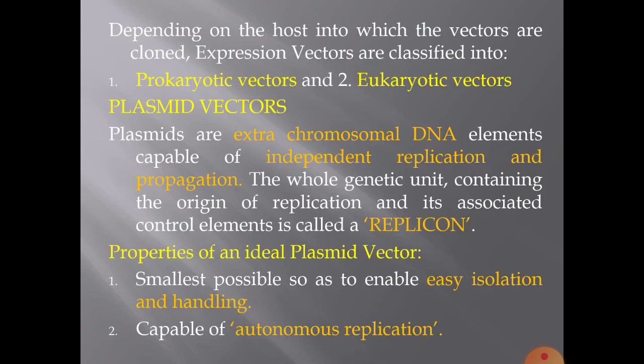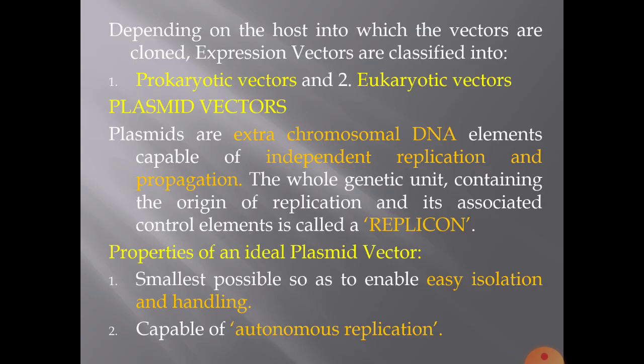Another teacher will be teaching you about recon, muton, etc. in another genetics class, but right now we just need to know what a replicon is. So plasmids are extrachromosomal DNA elements capable of independent replication and propagation, and that entire unit containing the area of replication and relevant associated control elements is called a replicon.